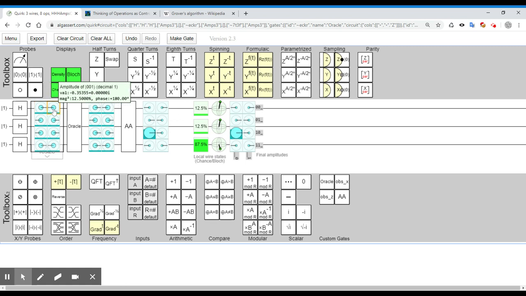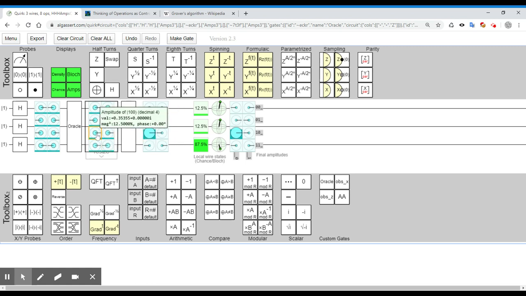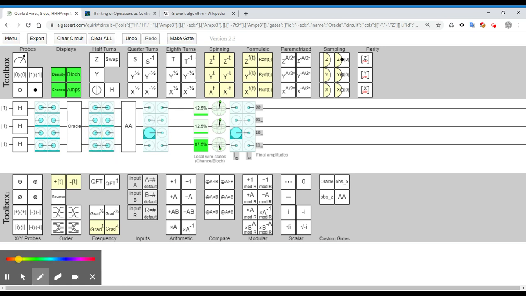And here you've got a minus minus minus, and here you've got that little tweak, minus minus minus, where the phase is flipped. That is the phase that's flipped here. That's the only difference.